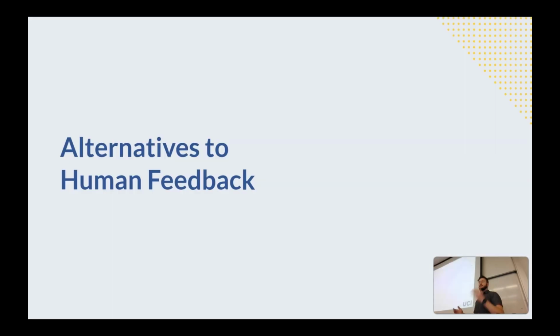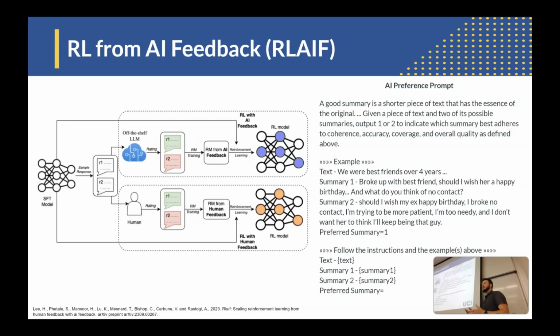Okay, so we've been talking about RLHF. We've questioned the necessity of the RL side of RLHF. Now we're going to question the necessity of the HF side. People have been asking, do we need humans to label this data? We have language models.